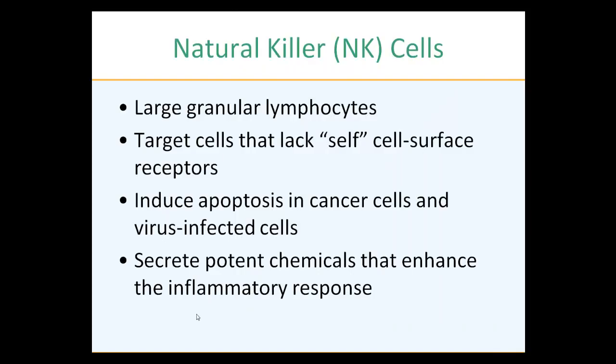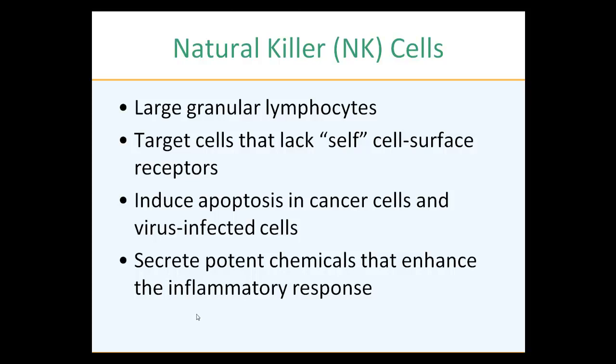So, as I said, we have 4 components of the innate immune system. Now, we are starting with the natural killer cells. We will move from there into discussing the inflammation and the complement system and the interferon. We will discuss all of these together.